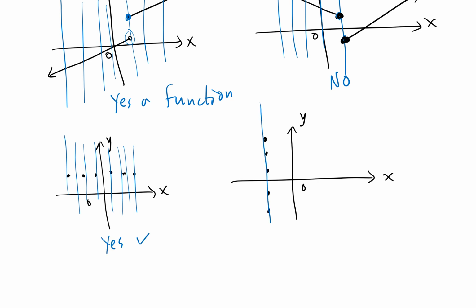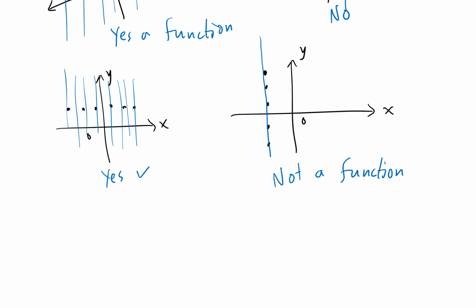This one, it's not, because it passed through more than one point. It's not a function. So basically, as long as it touches only one point, it's a function. That's called the vertical line test.